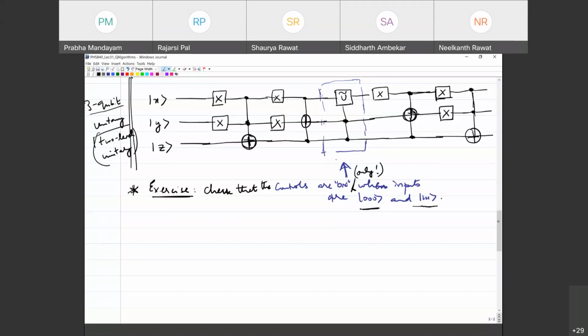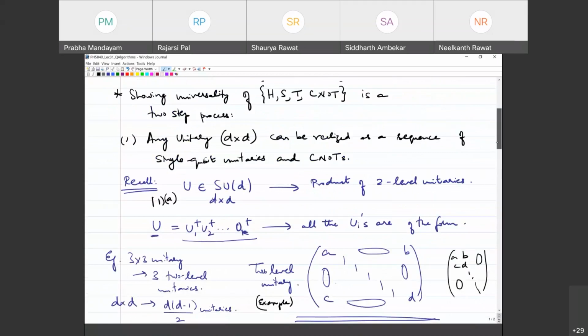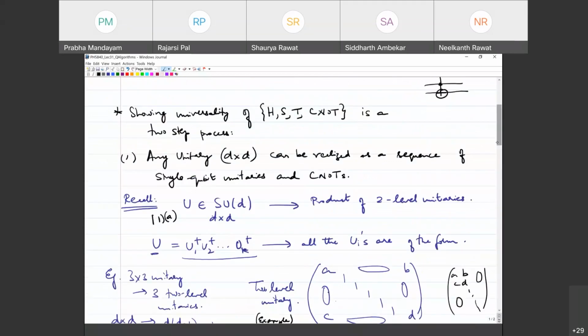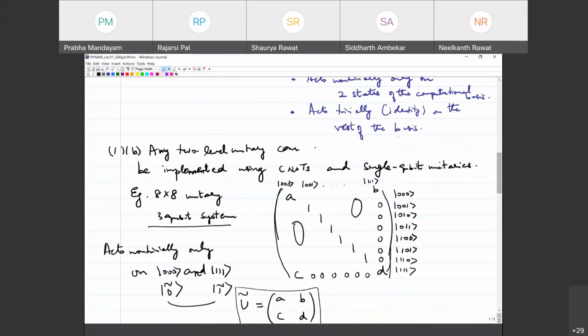So the first statement, what we just argued, is what is called an exact universality statement. Okay. Because any unitary, any D cross D unitary can be exactly decomposed as a product of 2-level unitaries. Any product, any 2-level unitary can be exactly implemented using C-naughts and single qubit unitaries.